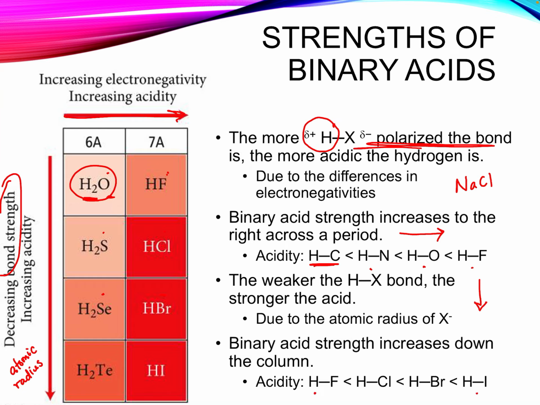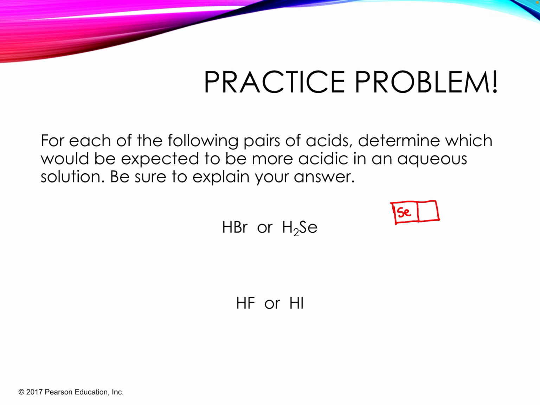All right, let's go ahead and go over this. So here we have hydrogen bromide and hydrogen selenide. So let's see. If we look, they are in the same period. If you're looking at the periodic table, we have selenium, and then we have bromine. And so when we go from left to right like this, our trend is going to be in our differences in electronegativity.